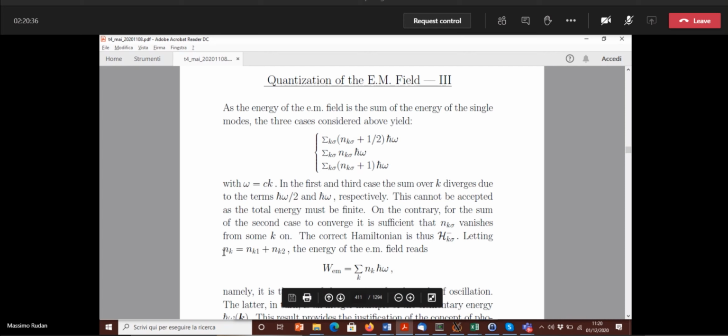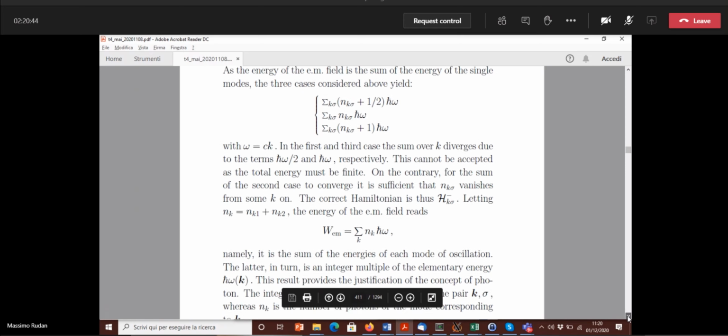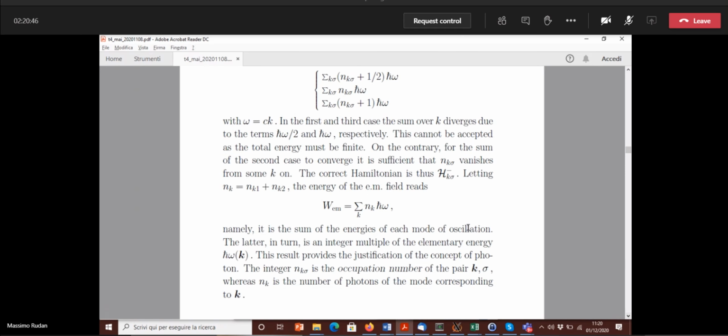So we just call it nk, and we have a single sum. Conclusion: the energy of the electromagnetic field in the box is the sum of individual terms.